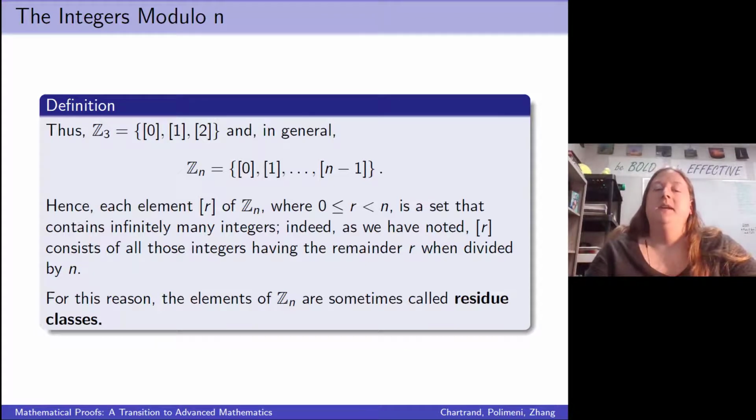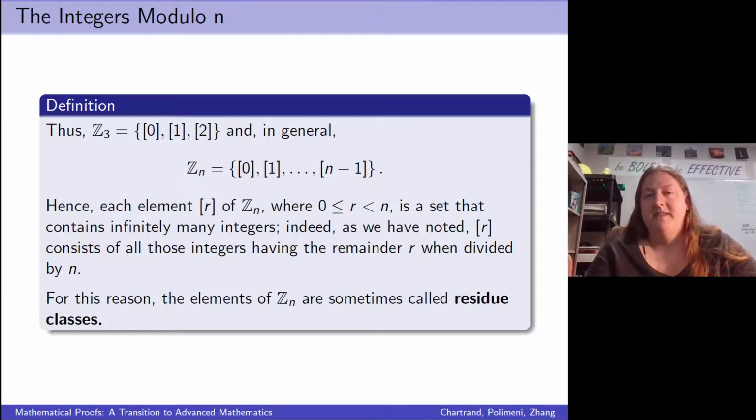So each element of the integers modulo n is an equivalence class, and these equivalence classes contain infinitely many integers.